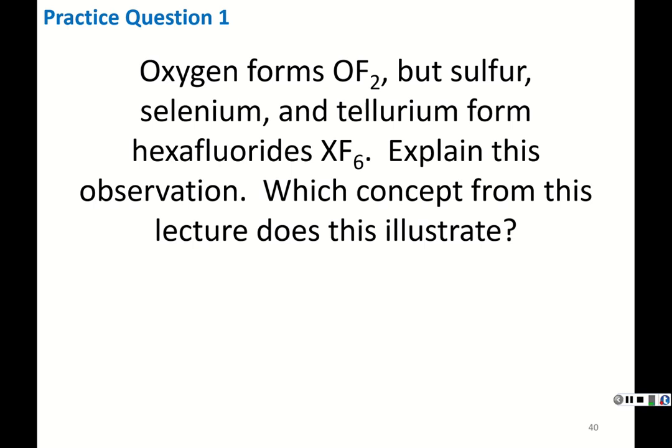Which concept from this lecture does this illustrate? Oxygen would be that first element in that group, and these other elements are all below it in the group. And remember, oxygen's also in the second row. So this would be illustrating the uniqueness principle.